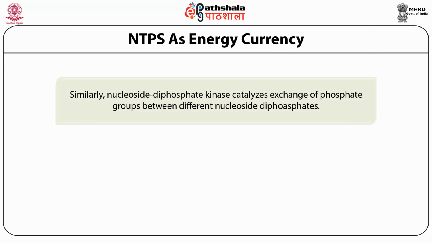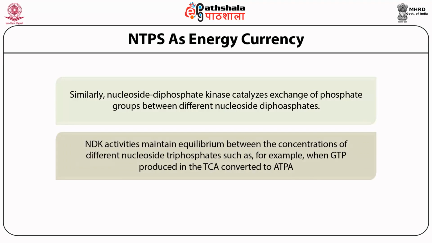Similarly, we have another enzyme, nucleoside diphosphate kinase, which catalyzes the exchange of phosphate groups between different nucleoside diphosphates. The activity of this enzyme maintains an important equilibrium. If you remember the TCA cycle, GTP is produced in the TCA cycle and it is converted into ATP with this kinase enzyme.